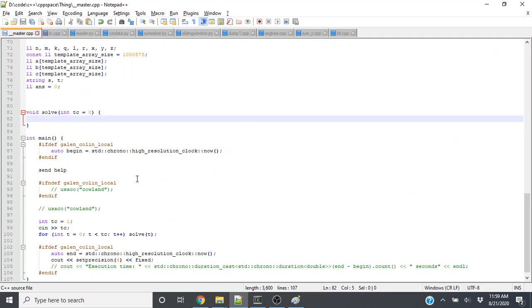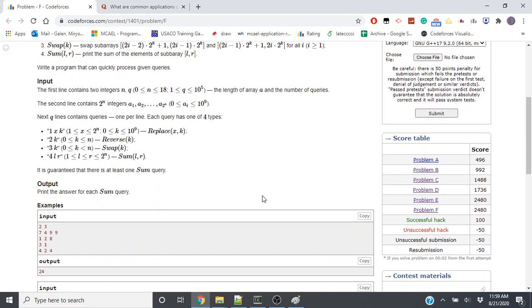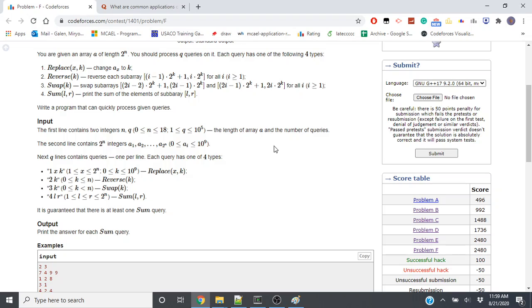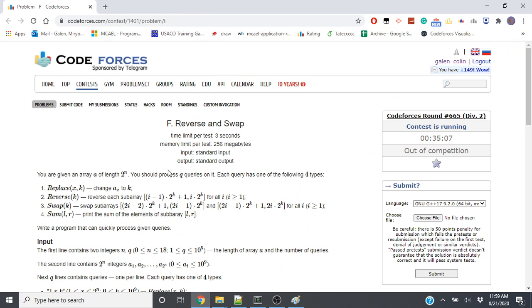I would hope so, because I don't know what coordinator would approve this, but let's see. I don't actually know how to do this really. Okay, you can do it with a tree, I guess. Maybe there's a better way, because it's 2 to the n specifically. If it was a basic problem, I don't really know how treaps work, so maybe you can just do it with a tree, but maybe you also can't.